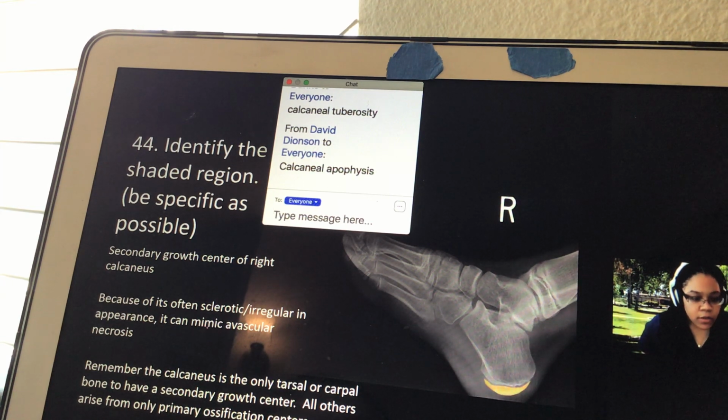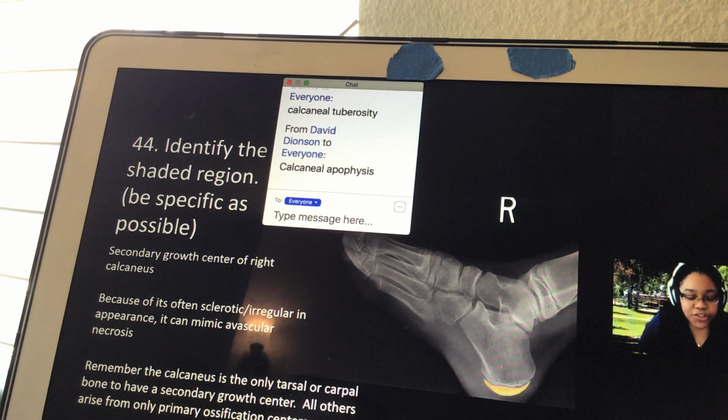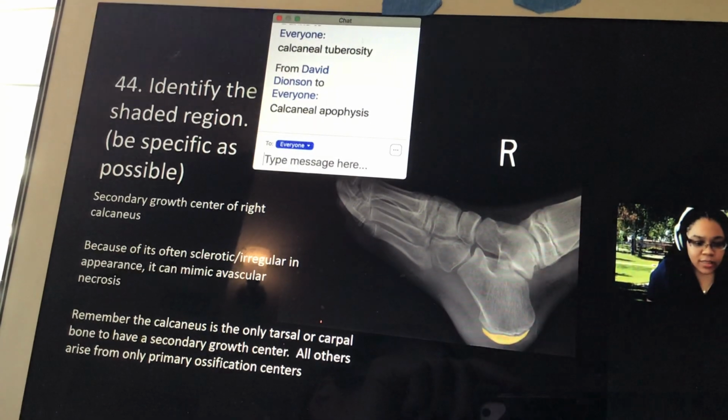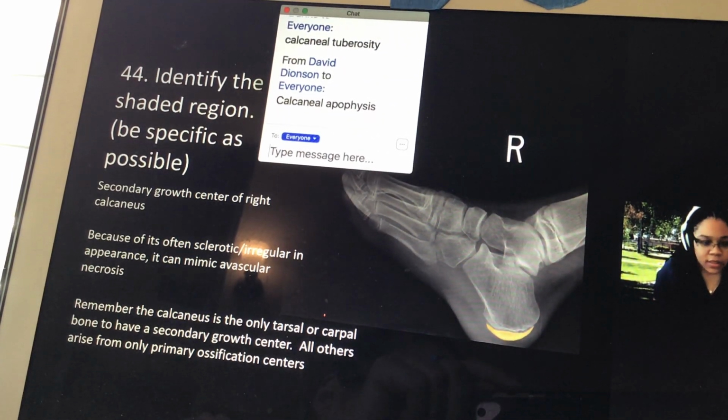So again, it can be more sclerotic than the remainder of the bone and a little irregular. History is very important to address for this patient to see if they have pain in that area, and then we can confirm or deny the presence of AVN. It's known as Sever's disease in this case.